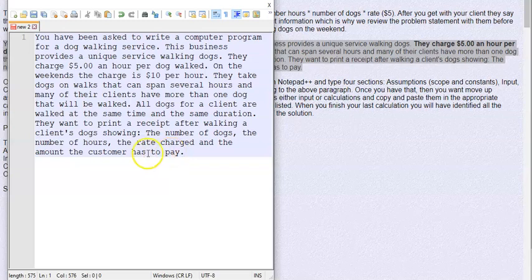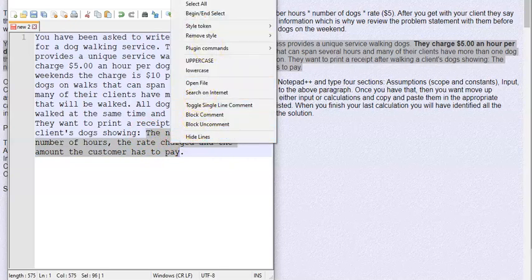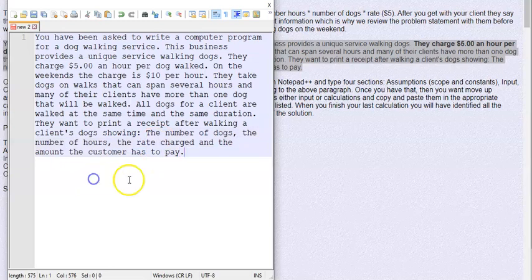So what we need to do is, it says I want a receipt after walking the dogs that shows this. So we're going to copy that. And then we're going to come down here and we're going to create our problem statement.